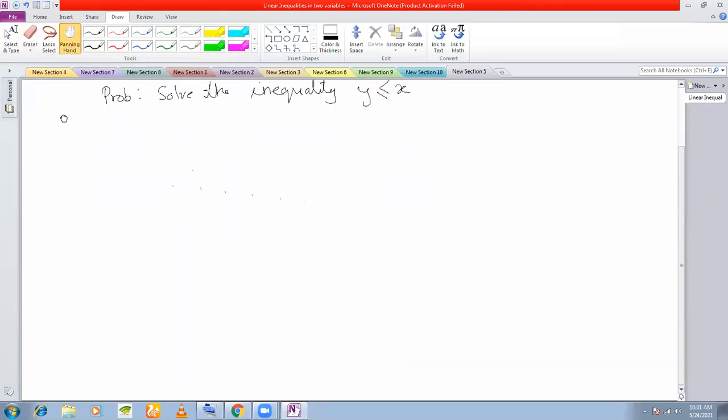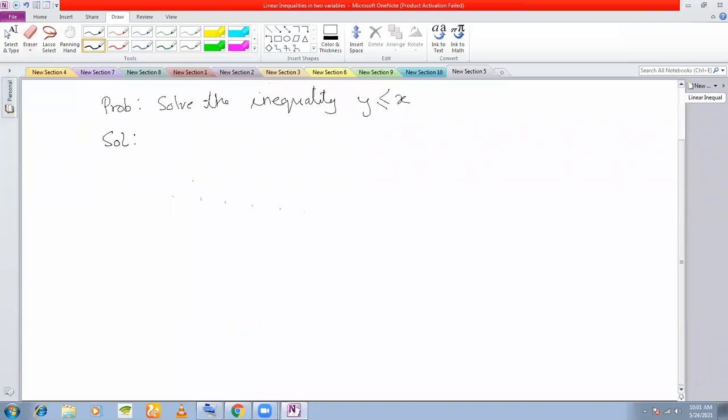Now see, first of all, in order to solve this inequality, we'll first draw the line. We take the equality first. So taking equality, the corresponding equation is y equal to x, right?